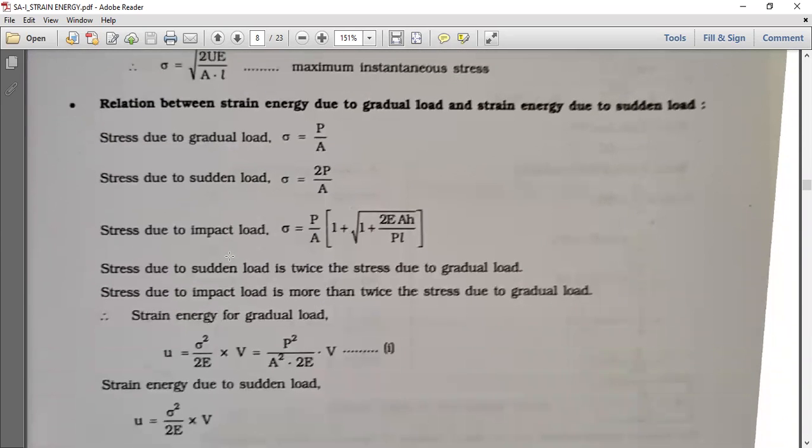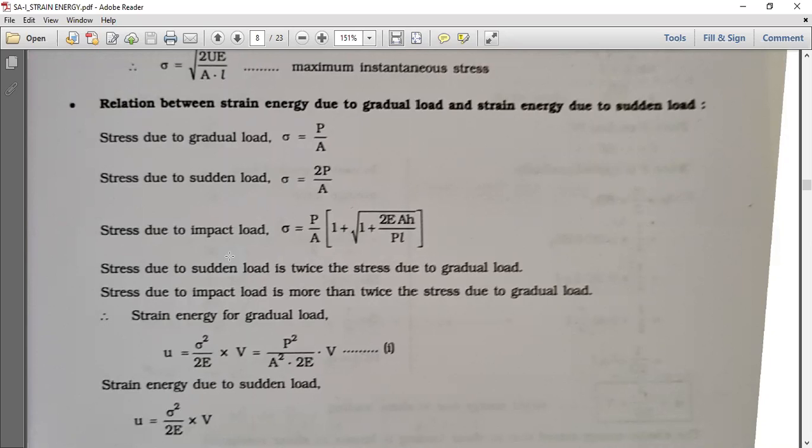Now the relation between strain energy due to gradual load and strain energy due to sudden load. Stress due to gradual load: sigma is equal to P by A. Stress due to sudden load: sigma is equal to 2P upon A. Stress due to impact load: sigma is P by A in bracket 1 plus under root of 1 plus 2EAH upon PL.